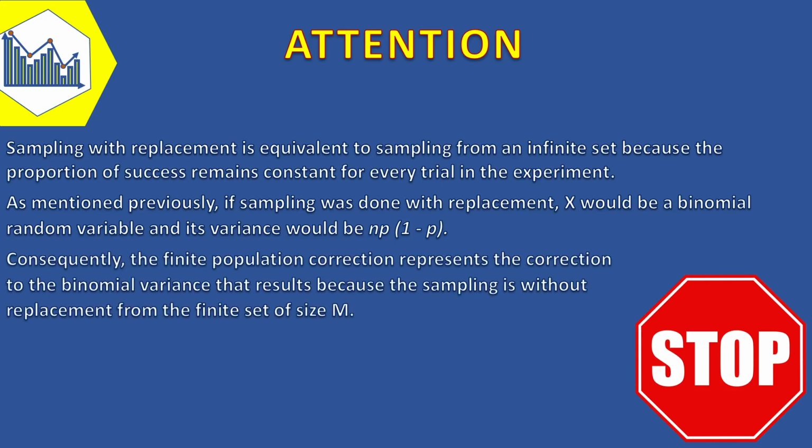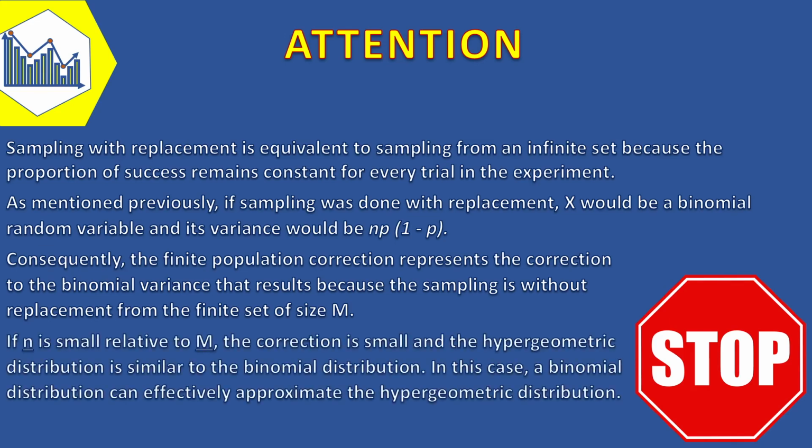Consequently, the finite population correction represents the correction to the binomial variance that results because the sampling is without replacement from the finite set of size m. If n is small relative to m, the correction is small and the hypergeometric distribution is similar to the binomial distribution. In this case, a binomial distribution can effectively approximate the hypergeometric distribution.